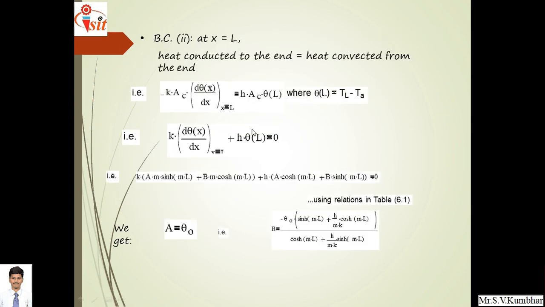And the second boundary condition, at x is equal to L, heat conducted to the end is equal to heat convected from the end, that is minus k Ac d theta(x)/dx when x is equal to L, which is equal to h Ac theta L, where theta L is TL minus TA.